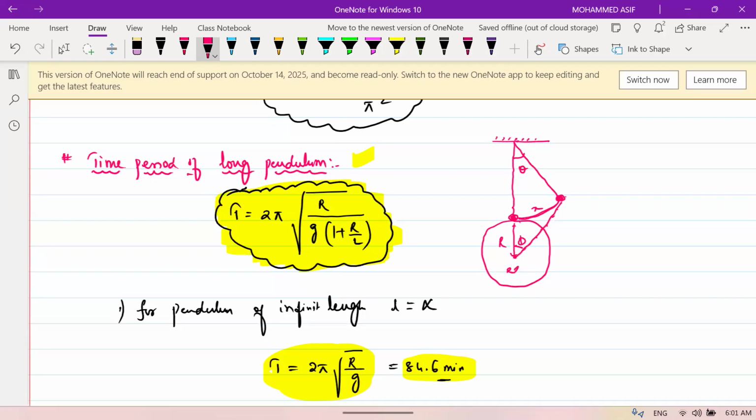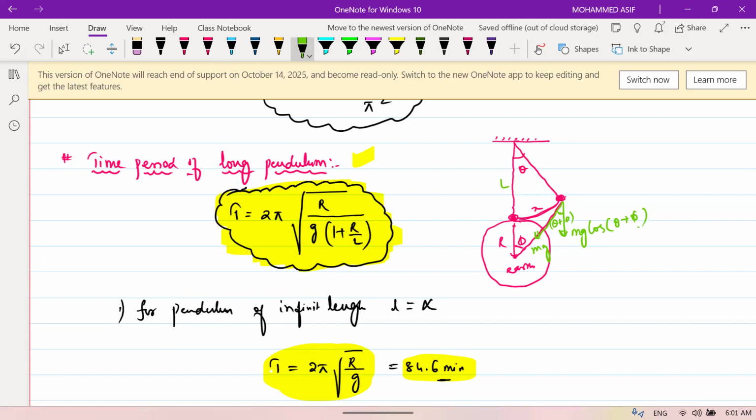So this is your Earth. Tell me what all forces will be acting on the simple pendulum. One is the weight of the simple pendulum, acting in the downward direction. If I take one of its components, this will be the restoring force. mg is always acting towards the center of the Earth, and if it is making an angle phi, this angle will be theta plus phi, so its component will be mg cos of theta plus phi.